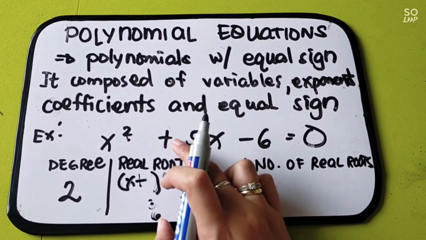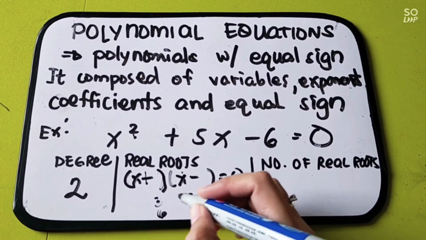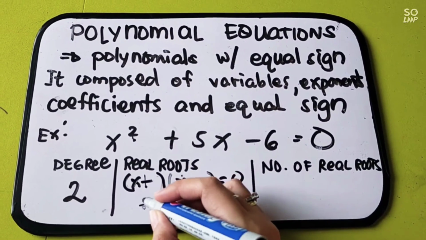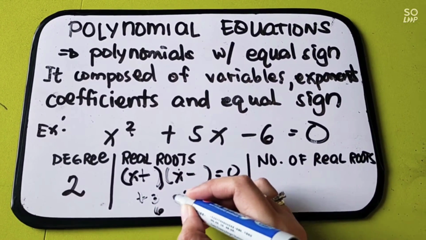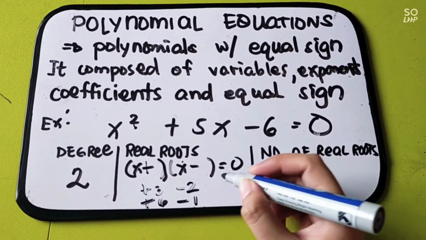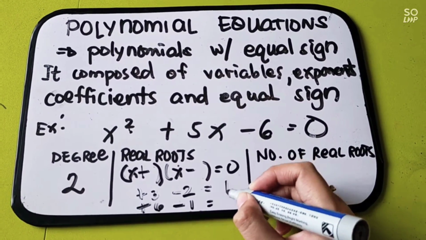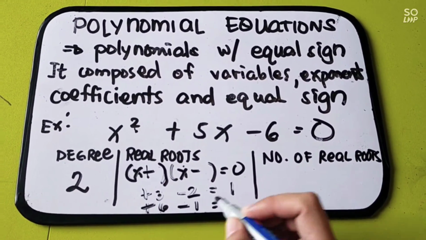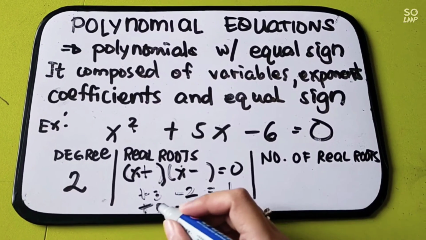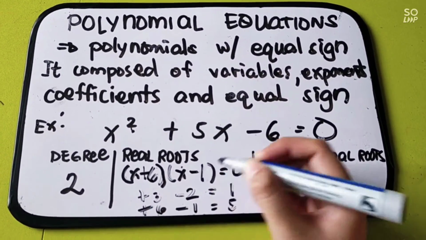Since positive ito, the higher number should be positive. What's the higher number? Dito ay 3. So, 3 is positive, dito ay negative. When you add this one, 3 plus negative 2, the answer is 1. 6 minus 1, the answer is 5. So, therefore, our factors are x plus 6 and x minus 1.